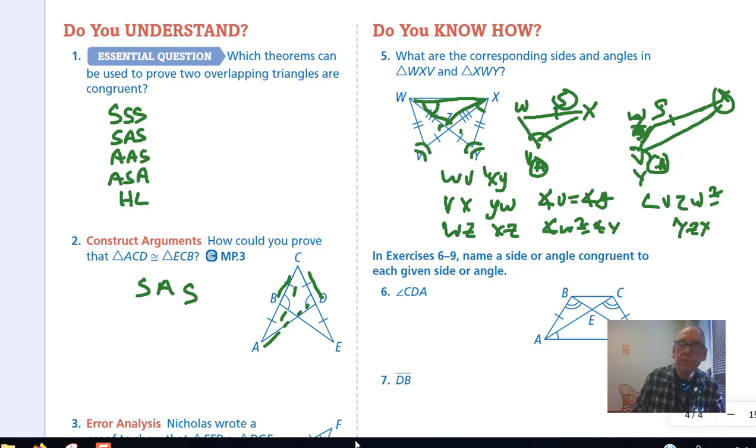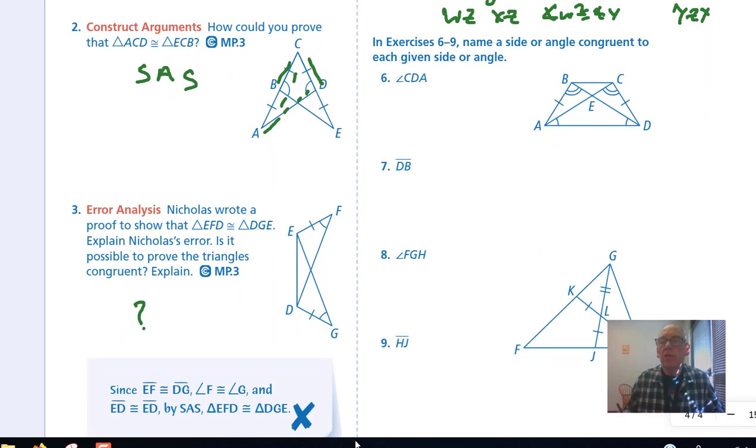Let's move up. Name the side or angle congruent to each given side or angle. So we're talking about angle CDA.